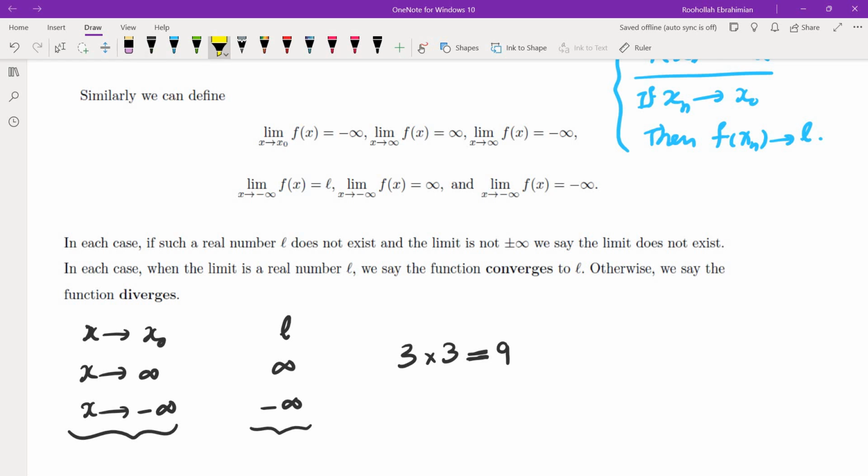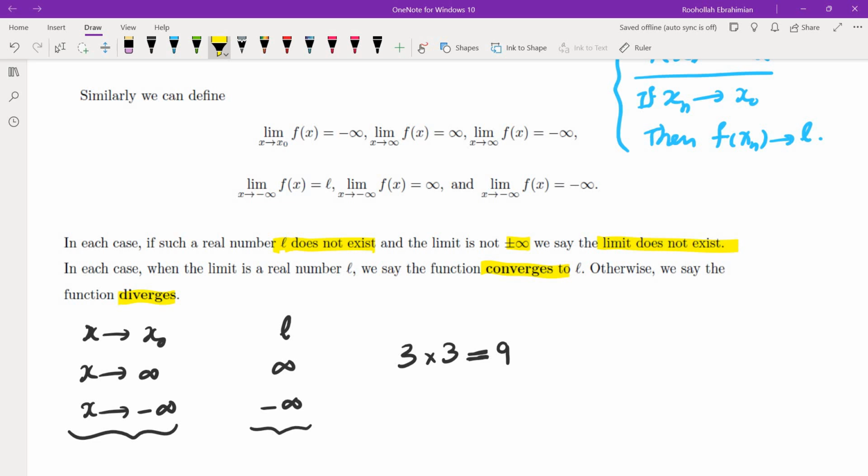So we say the limit doesn't exist if such a real number L does not exist, and also the limit is not plus or minus infinity. And in each case, when the limit is a real number, we say it's convergent. We say the function converges. And if the limit either does not exist or the limit is plus or minus infinity, we say it diverges.